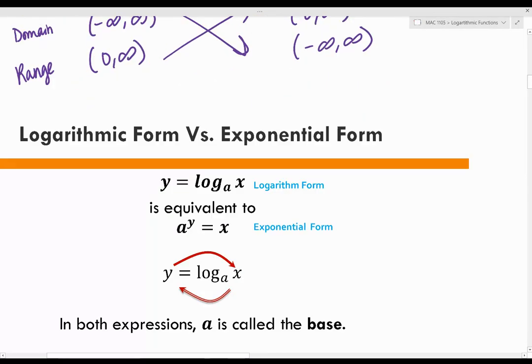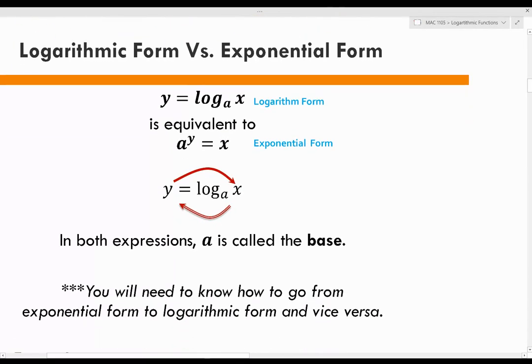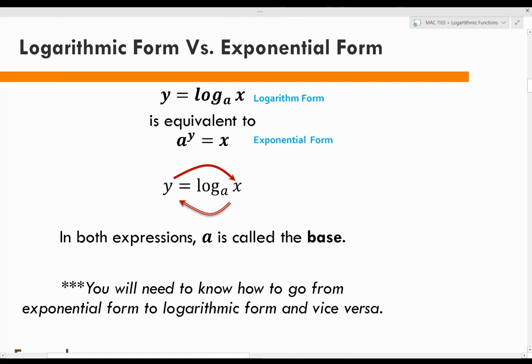All right. So you're going to do a lot of work converting functions that are written in logarithmic form to exponential form and back and forth. Depending on what you're trying to do, sometimes your problem is easier to solve in logarithmic form, and sometimes it's easier in exponential form.